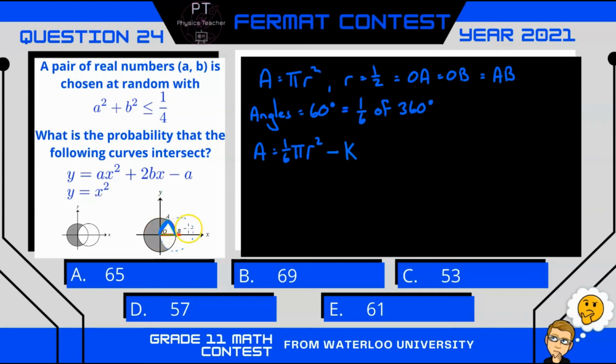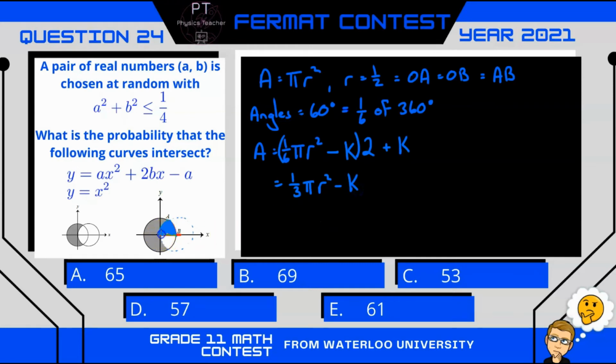So I can figure out the area of both of them just by multiplying that by 2. And then if I add the area of the triangle itself, I get the area of the unshaded portion above the x-axis. Simplifying this by distributing the 2 will give us 1/3 pi r squared minus K.